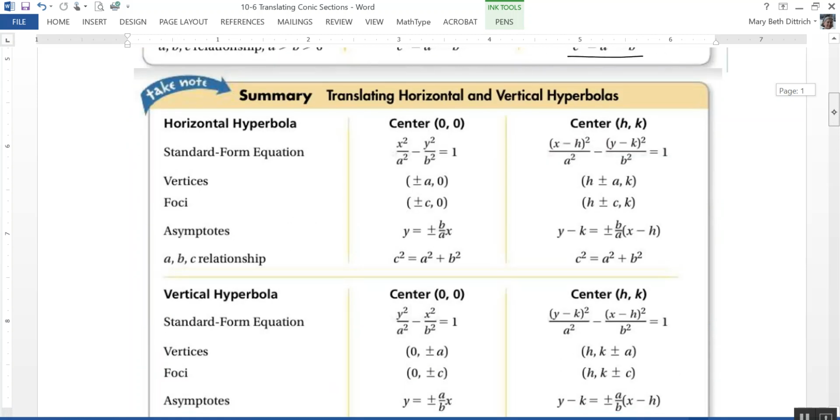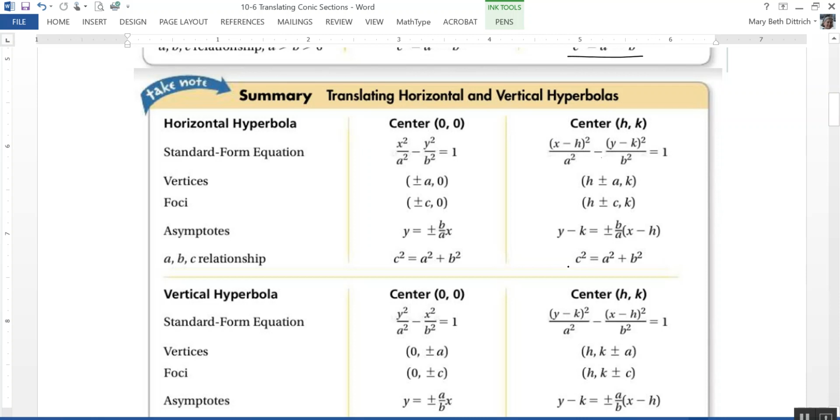It's going to be very similar for horizontal and vertical hyperbolas. Again, we're going to have our new center at (h, k). Remember, a hyperbola has a minus in there. a is not necessarily bigger than b, but whichever one comes first determines the direction it's going to open. So for a horizontal hyperbola that's going to open on the horizontal axis, or the x-axis, x comes first, so x minus h squared over a squared minus y minus k squared over b squared equals 1.